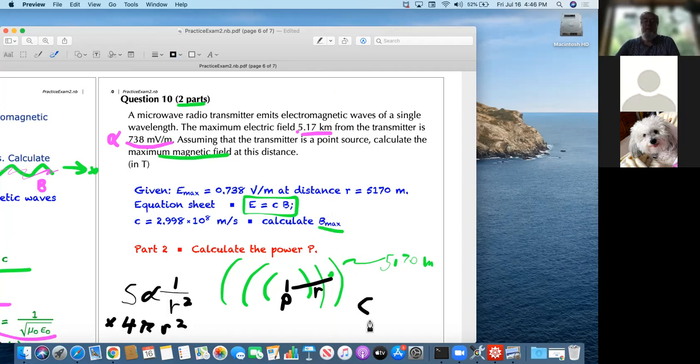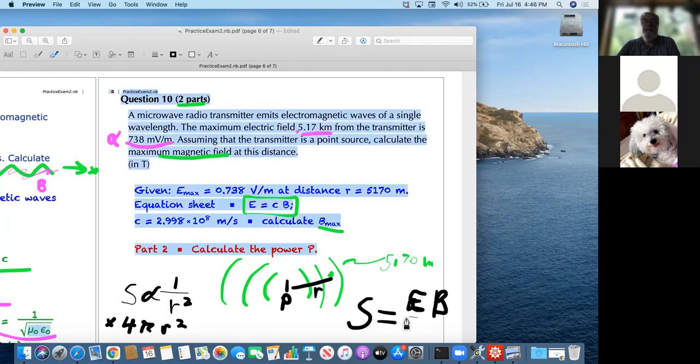Well, here you have to know the relation between the Poynting vector and the fields. It's E times B divided by mu zero.